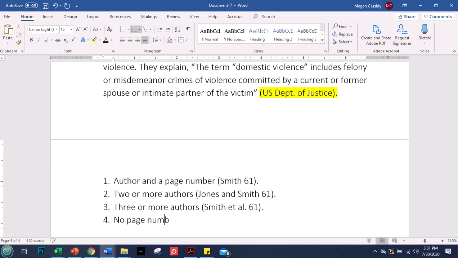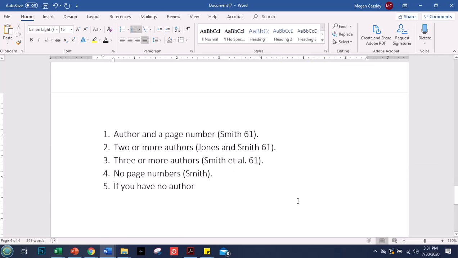If you have no page numbers, it looks like this: Smith. If you have no author, you use the shortened version of the article title. If you have a range of pages: Smith, 61 to 90.